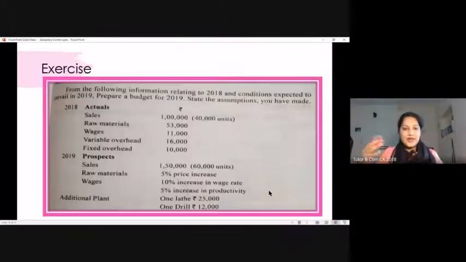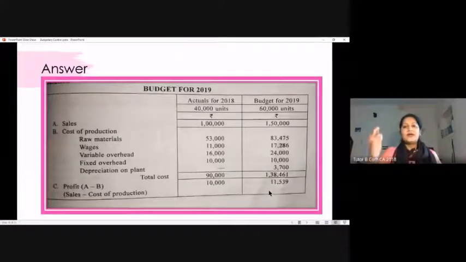Going to the next, we were looking at preparation of the budget for the coming financial year based on the previous financial year. That is why we had the actual in hand, because it is completed. That is 2018, and based on that we are preparing 2019. That is why I said it is not the concept of zero-based budgeting, because here a base year is being considered for the preparation of next year.